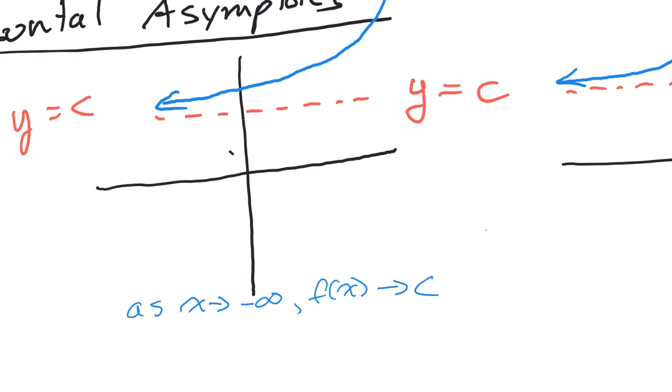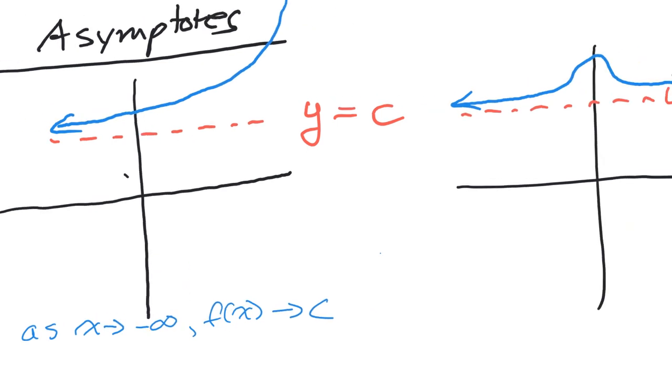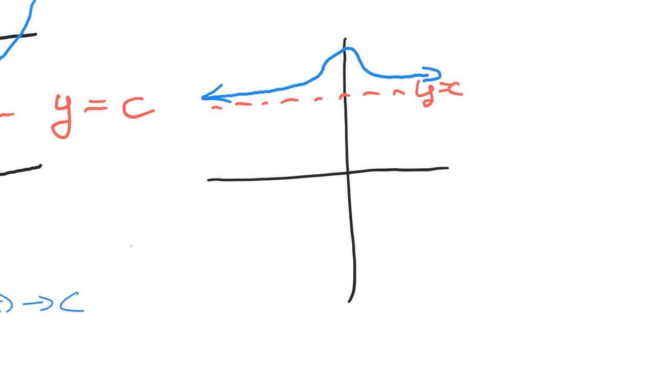Okay, so now for the last one. For the last typical graph that you would see for horizontal asymptotes, they're both approaching. So for this one here, as x approaches positive infinity, you know that f of x goes to c.